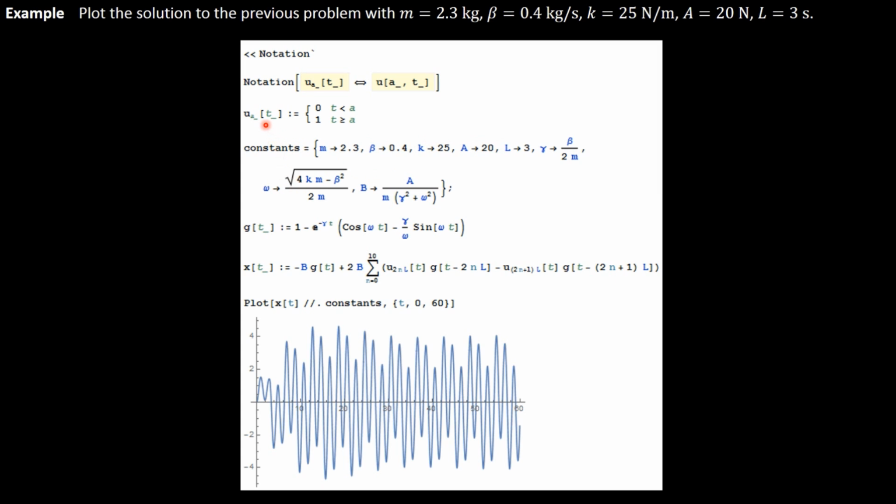I defined the Heaviside function. You have to use Notation if you want to use the subscript, otherwise it won't work. So I had to import the Notation package so that I could write it a little bit more cleanly over here. So these are all of our constants, just as I defined them on the previous slide: omega, gamma, b, and then of course the given constants m, beta, k, a, l.